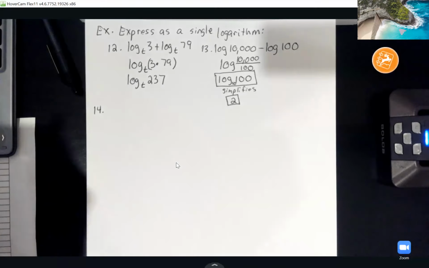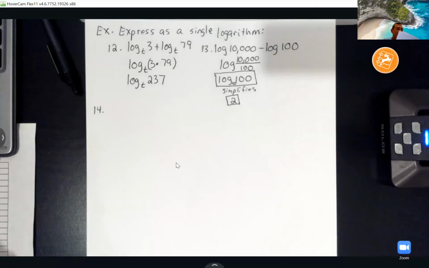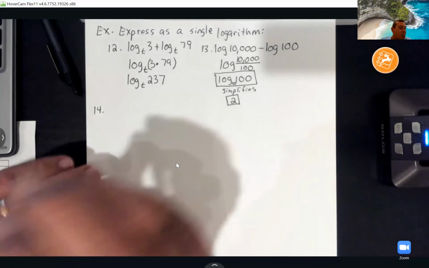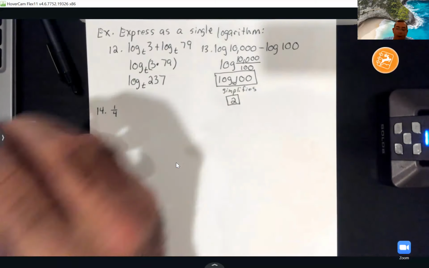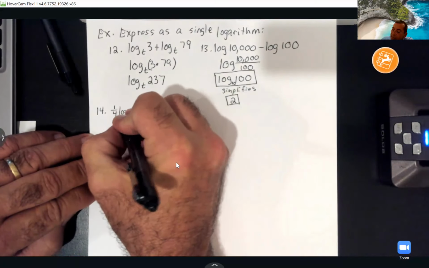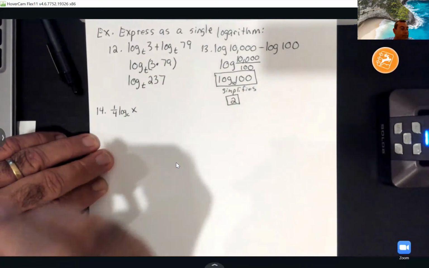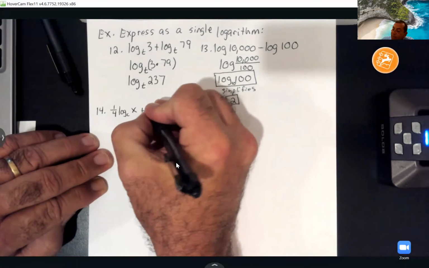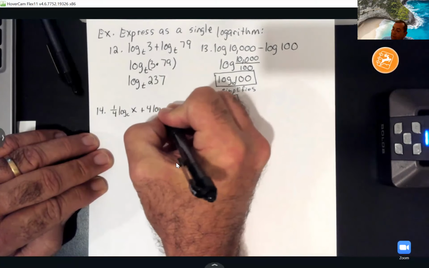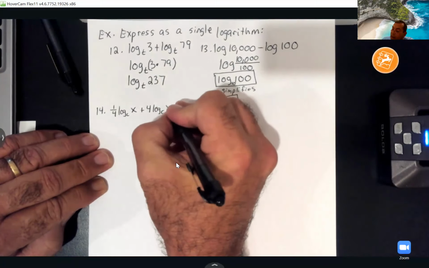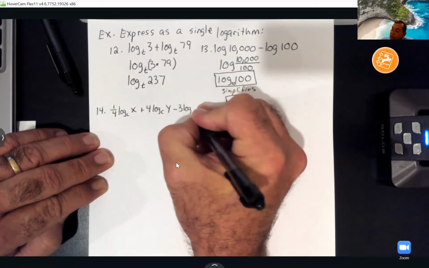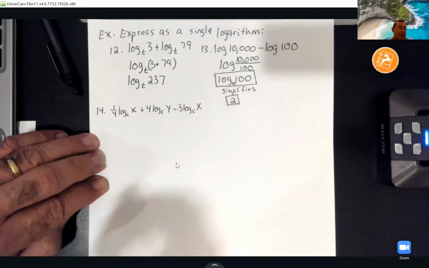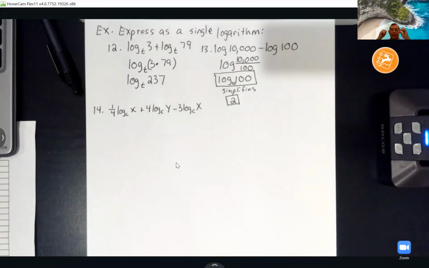All right, so let's see what 14 has. Now 14 is going to give us a few more steps. I got 1/4 log C of X plus 4 log C of Y minus 3 log C of X. All right, y'all, so notice.